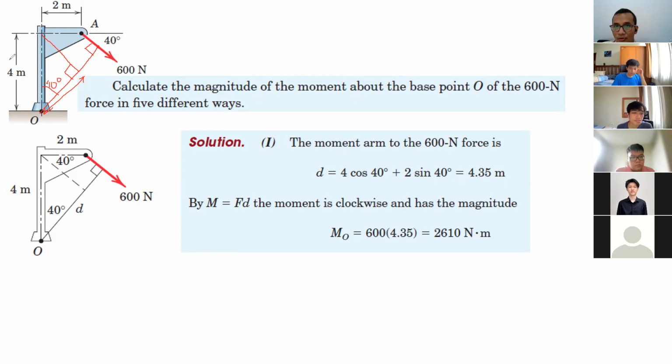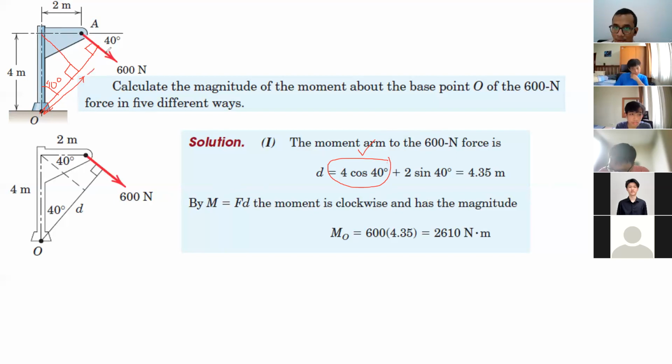Then 4 meters is the sisi miringnya ya, bagian miringnya itu. So we can find this particular distance using 4 meters cos 40 degrees, right? 4 meter cos 40 degrees is this particular line.